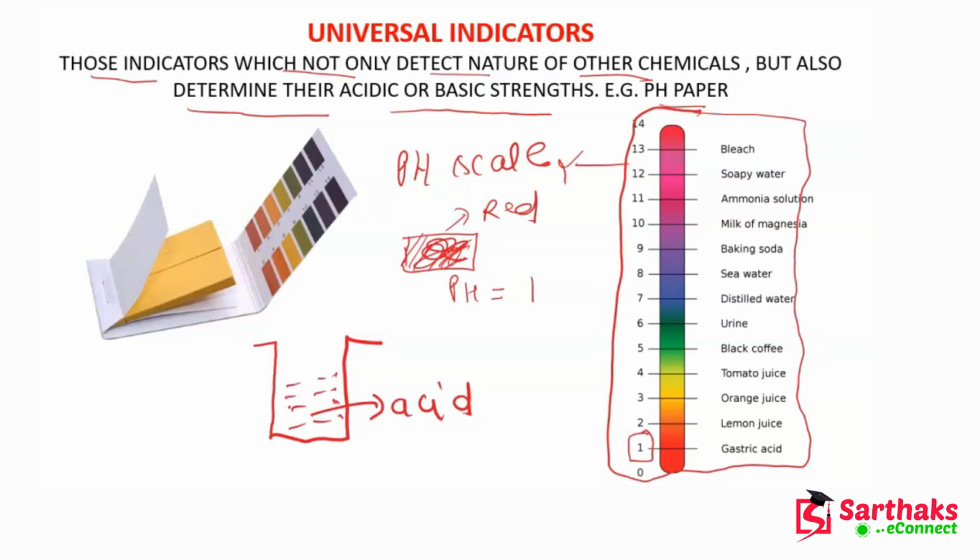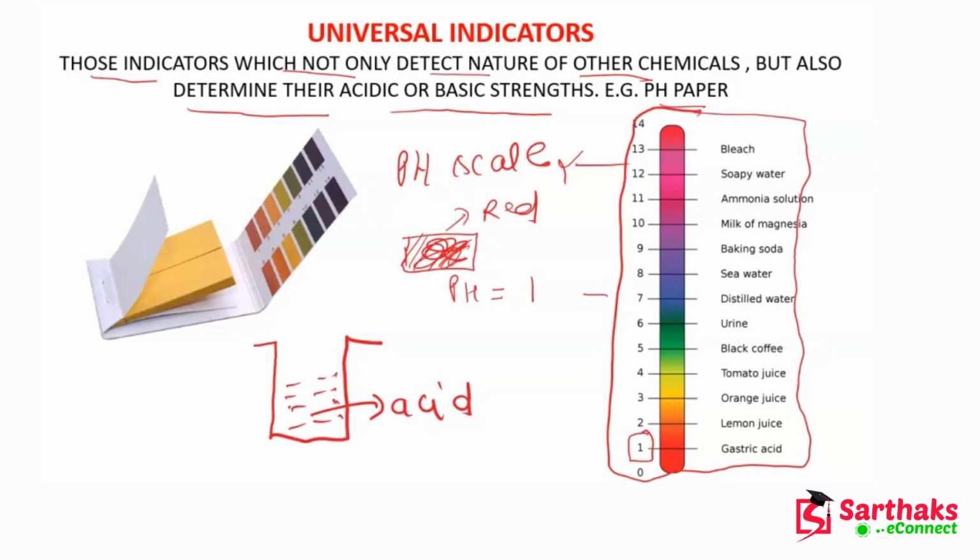As you move ahead from 1 to 14, the acidic strength decreases and the basic strength increases. When you reach 7, it becomes neutral, and when you cross 7, the basic strength starts to increase.